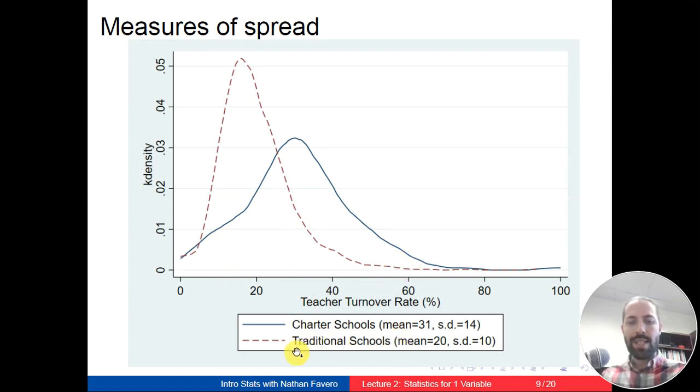In other words, there's less variance for the traditional schools, which is why they have a smaller standard deviation. So hopefully, this visual example helps to cement for you what the meaning of the standard deviation is. Traditional schools have a lower standard deviation, and therefore the distribution of values is a little bit more compact compared to the charter schools.